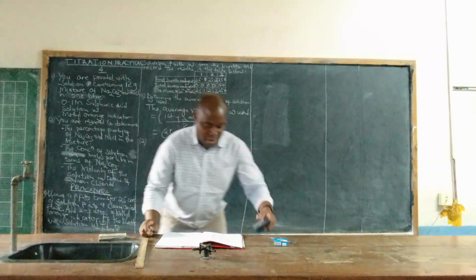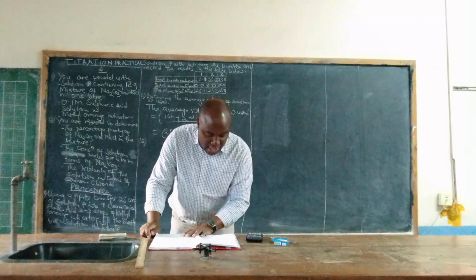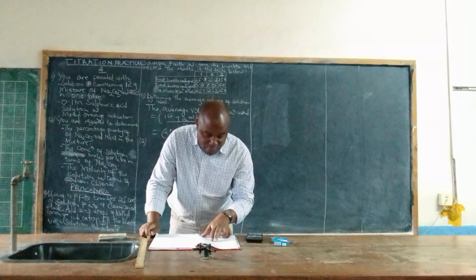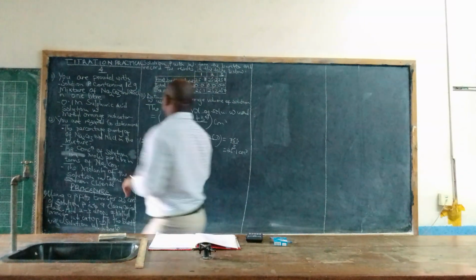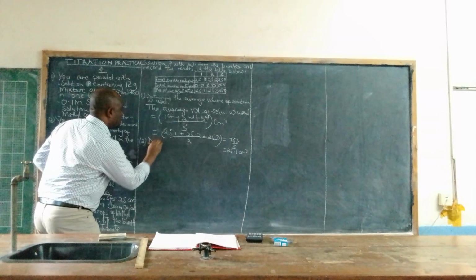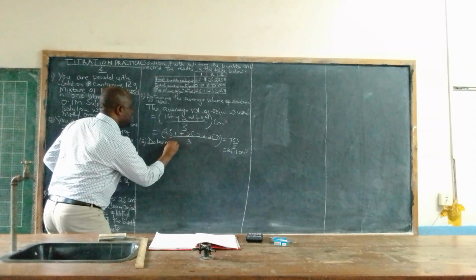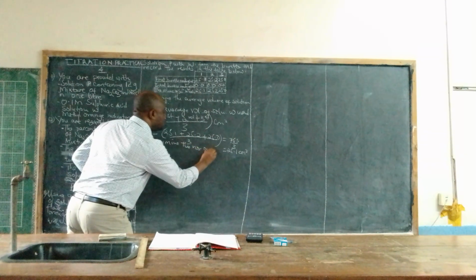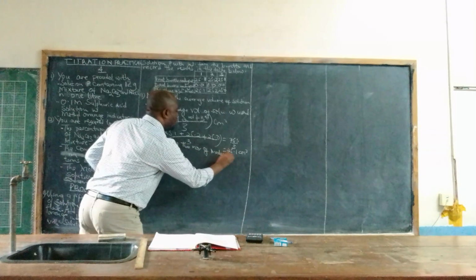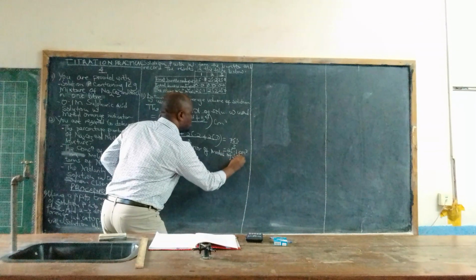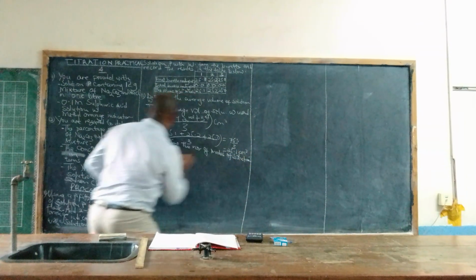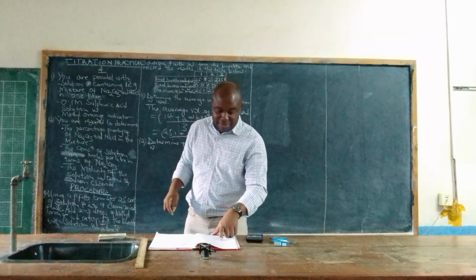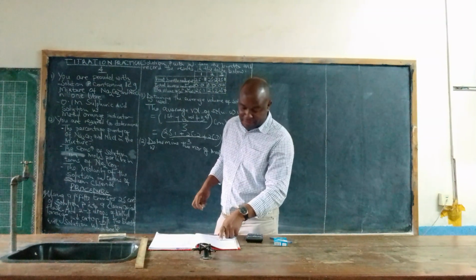So we go to question 2. In question 2, we are told to determine the number of moles of solution W. So in this case, we must write the equation first.